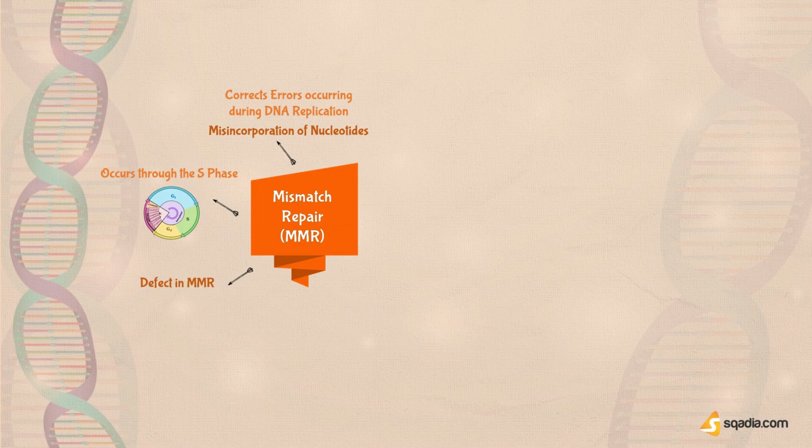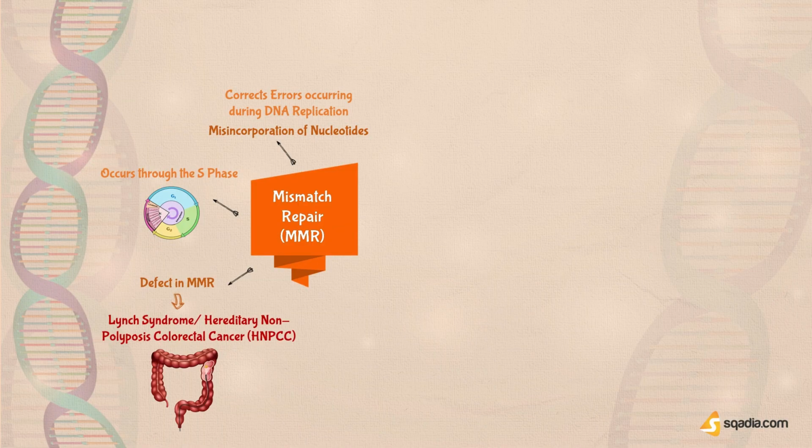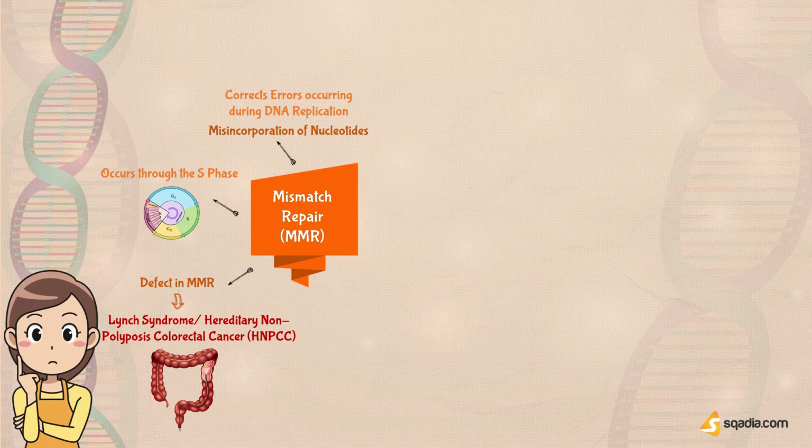A defect in the mismatch repair can lead to a condition called Lynch syndrome, or hereditary non-polyposis colorectal cancer, or HNPCC. Now, you might be wondering if errors during DNA replication are already corrected through proofreading. What's the purpose of mismatch repair? Well, you're spot on.